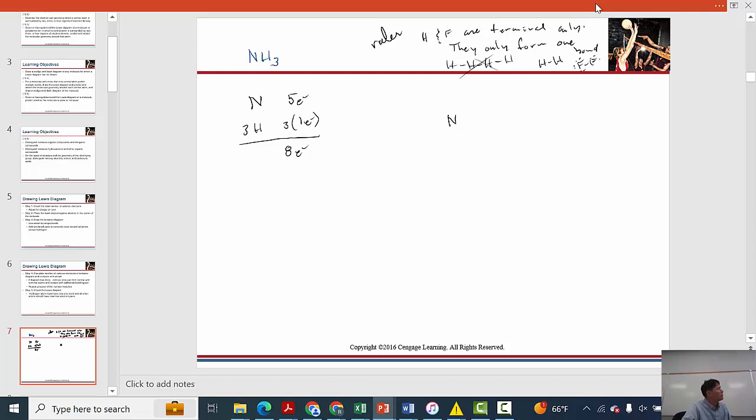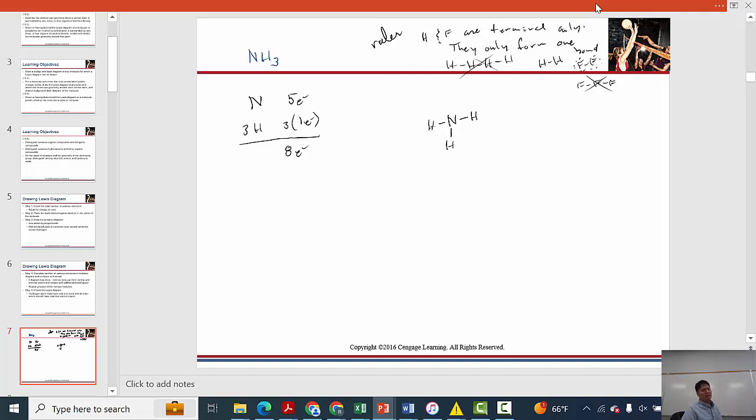When we generate F2, there's only one bond, but there's no series of F atoms strung together in a row like this. This doesn't happen. And so what that means is we have to put the nitrogen in the center, and then the hydrogens have to be attached to that. And so we end up with this.